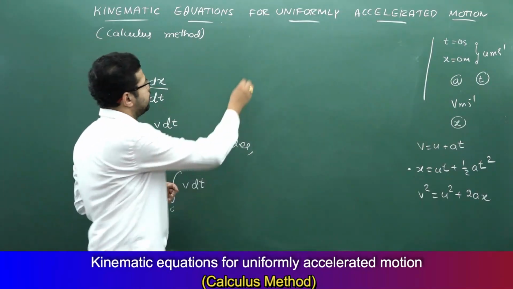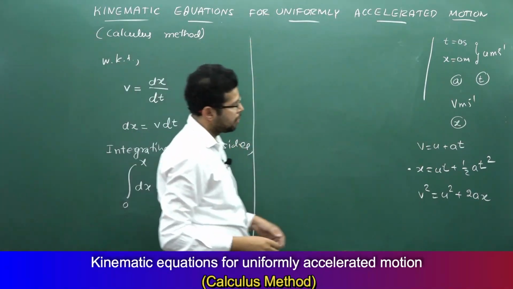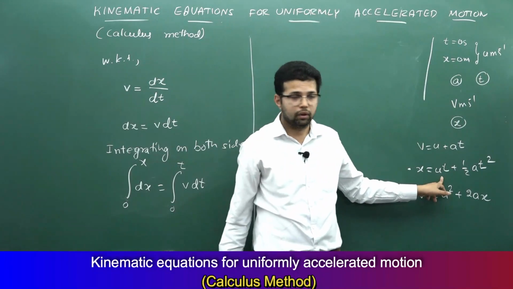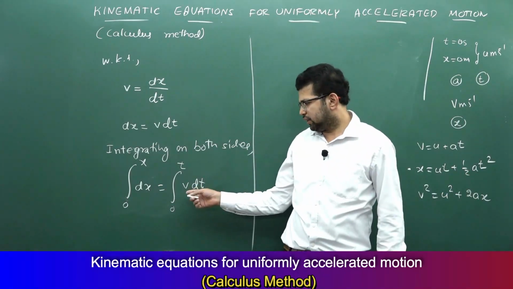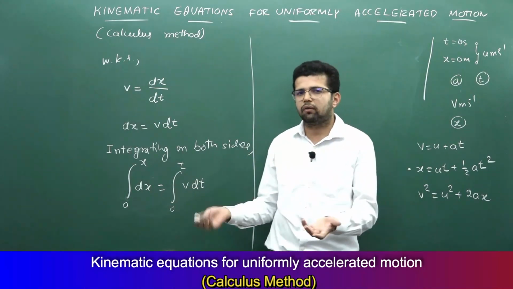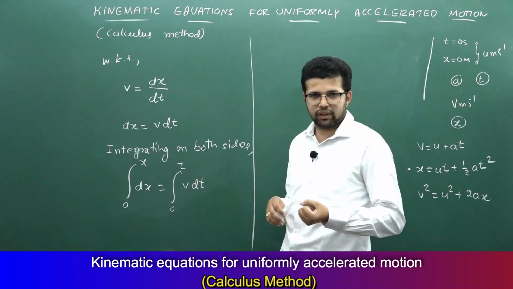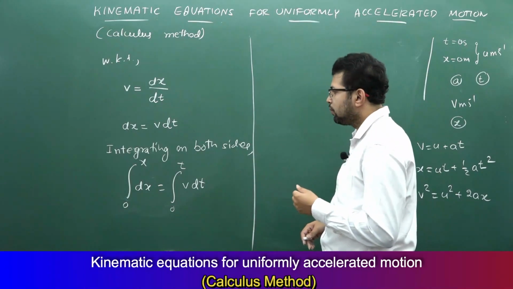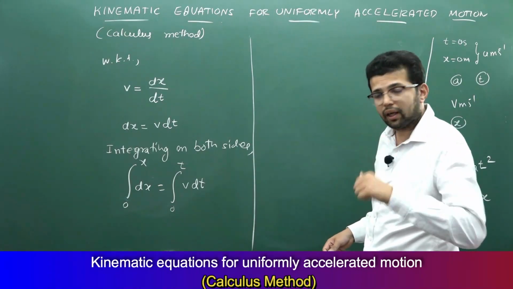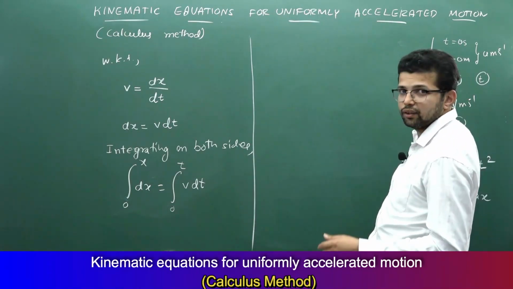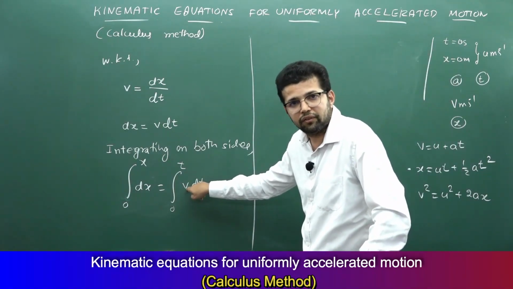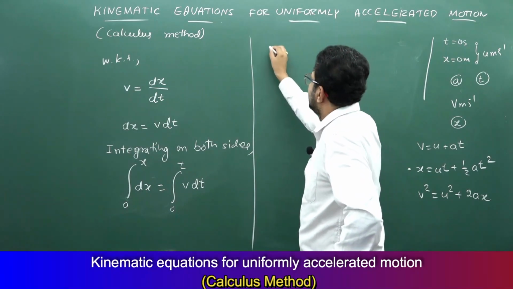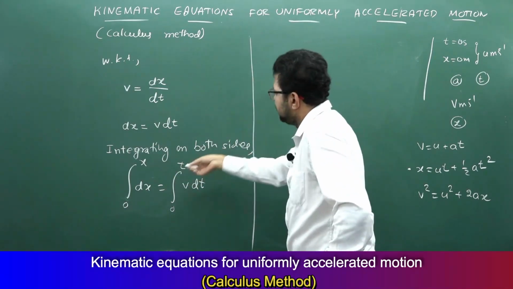Now, what we need to observe here is, see, in this equation there is u initial velocity and there is a. Here we can't see u or a, we should somehow bring the initial velocity and acceleration terms into this equation. What we can do is, we have already derived v is equal to u plus at. So, we will substitute u plus at in the place of v. So, what happens? Integration of dx, I will do that integration.